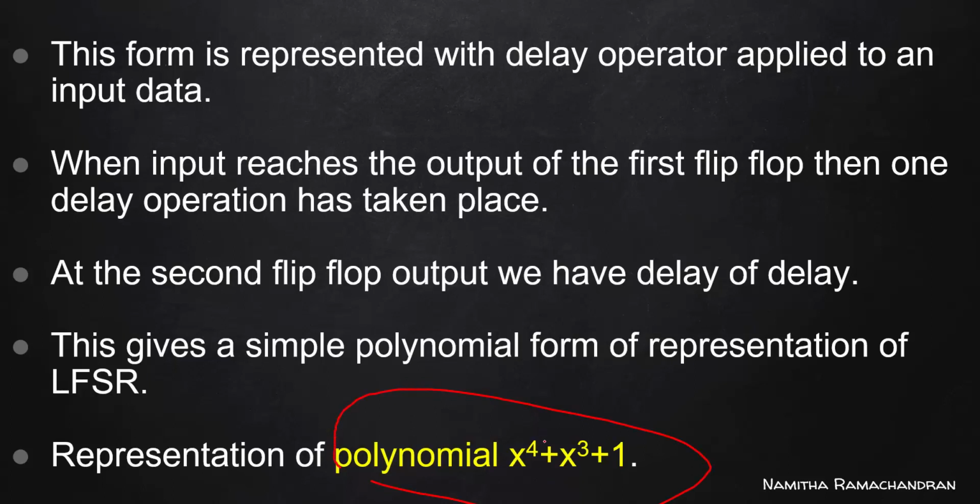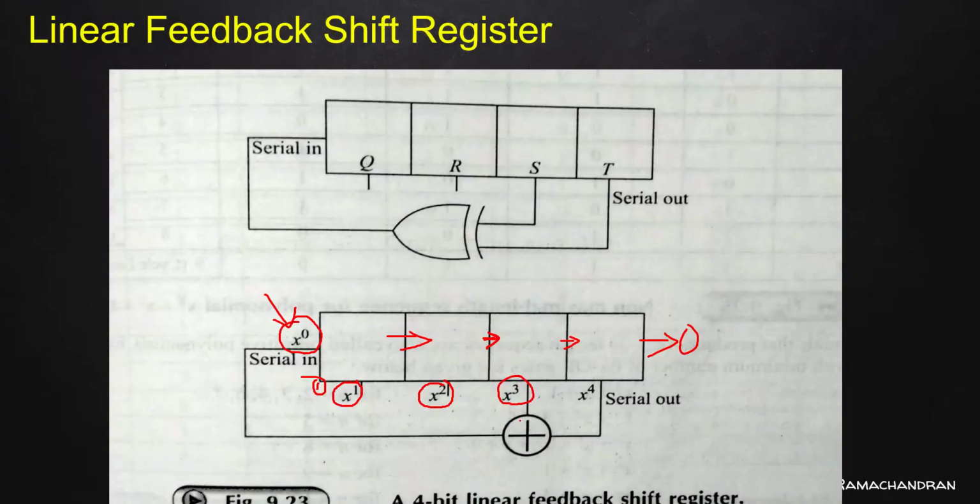x to the power 4 plus x to the power 3 plus 1. What is the meaning? See, x to the power 3 and x to the power 4 are XORed and connected to this. x to the power 0 means what? This term will always come with all polynomial representations. This one indicates the serial input of our first flip-flop. x to the power 0 is equal to 1.